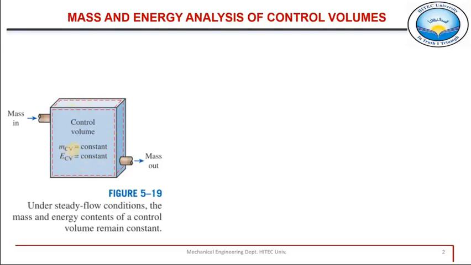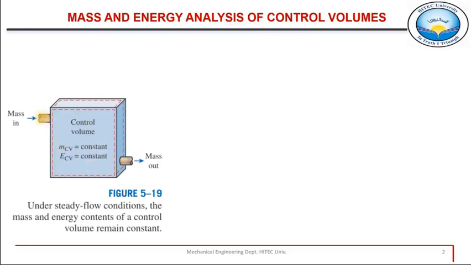One of them is that the total amount of mass flowing through the system is constant, and all intensive or extensive properties like temperature, pressure, volume, enthalpy or internal energy do not change with respect to time. They may change with respect to position.